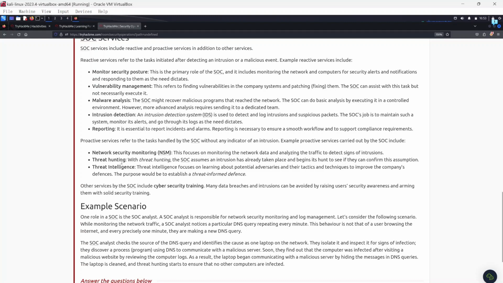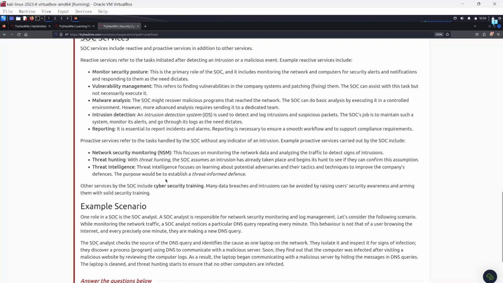Next is threat hunting. With threat hunting, the SOC assumes an intrusion has already taken place and begins its hunt to see if they can confirm this assumption. Threat intelligence. Threat intelligence focuses on learning about potential adversaries and their tactics and techniques to improve the company's defenses.